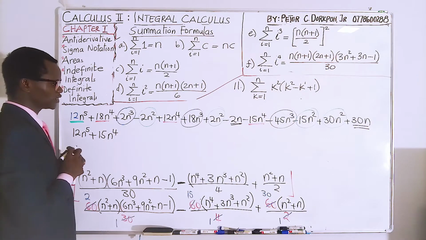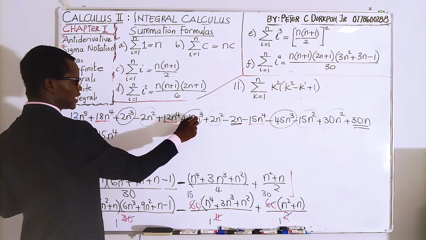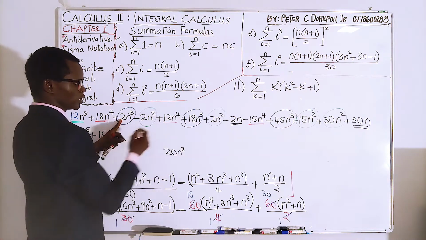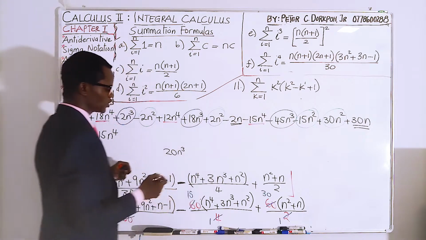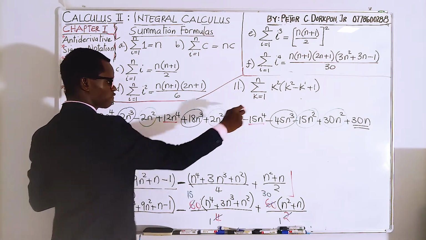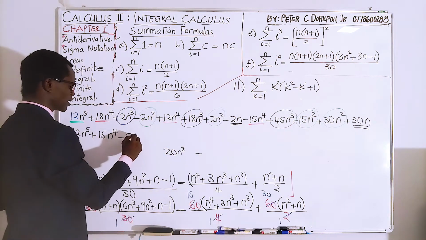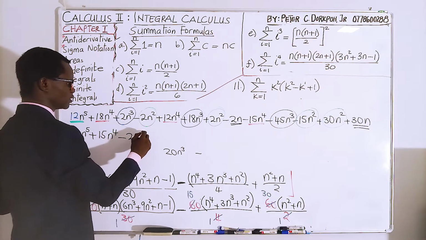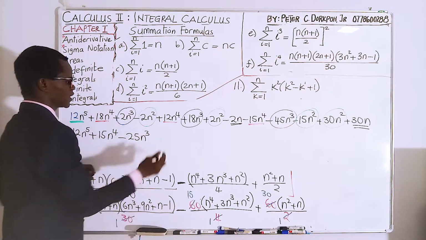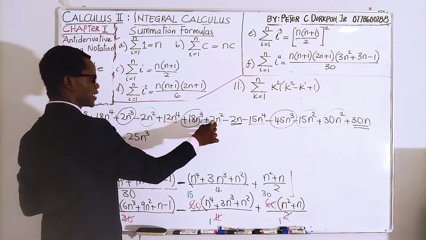We move to n to the third power. 2n cubed plus 18n cubed gives us 20n cubed. Minus 45n cubed. So it's like you have to take 20 from 45, which leaves 25. So it's negative 25n cubed. We now go to n squared. You have minus 2n squared plus 2n squared.